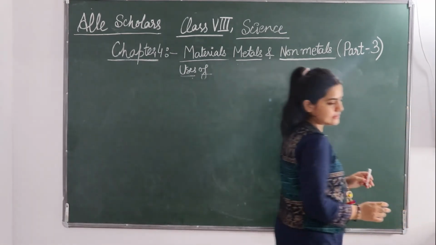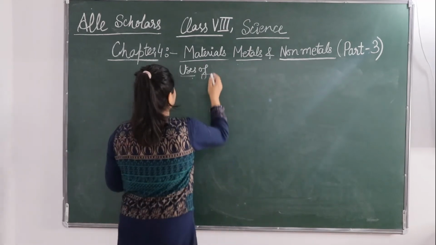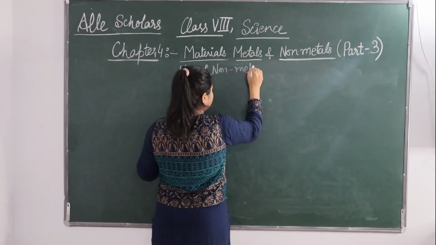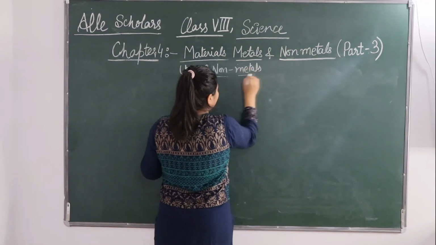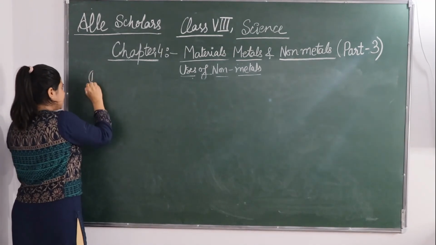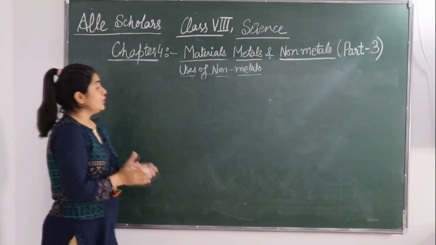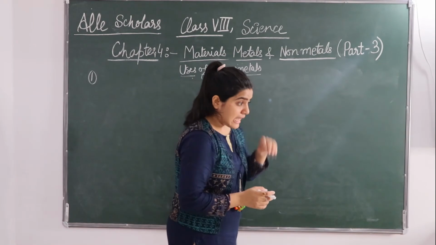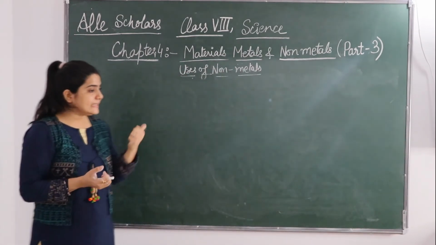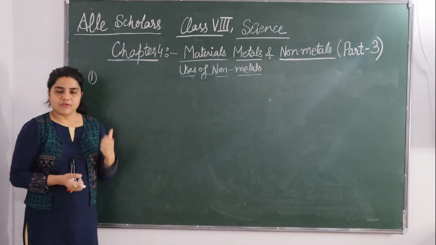Okay. So next comes uses of non-metals. We have seen a wide variety of uses of metals. Now we will see where these non-metals are used. So the first very important use of non-metal is that it is essential for our life. It is the basic requirement of life.